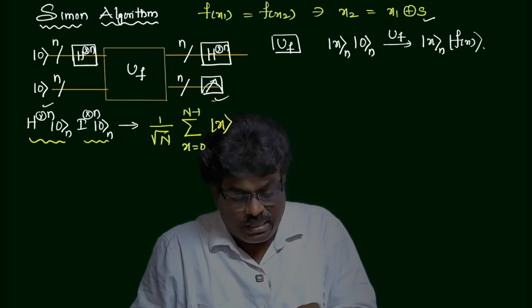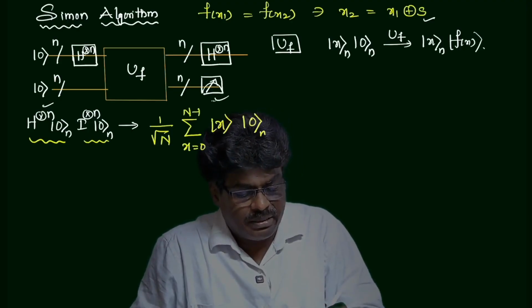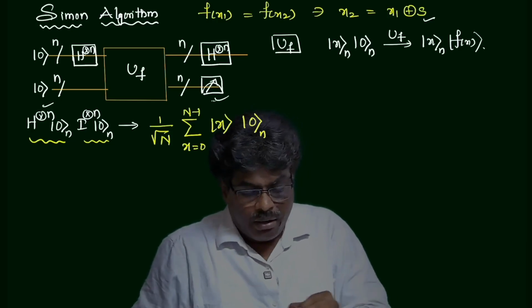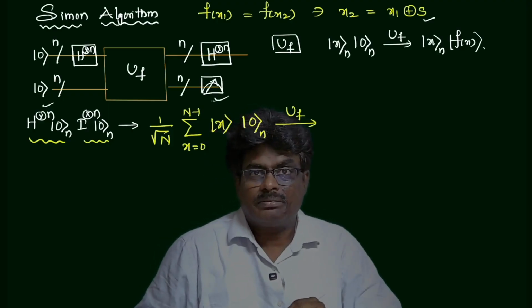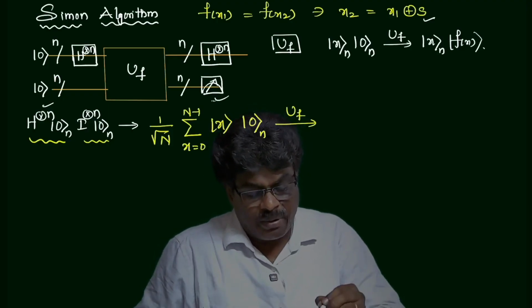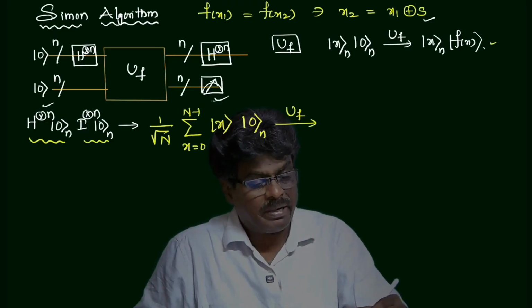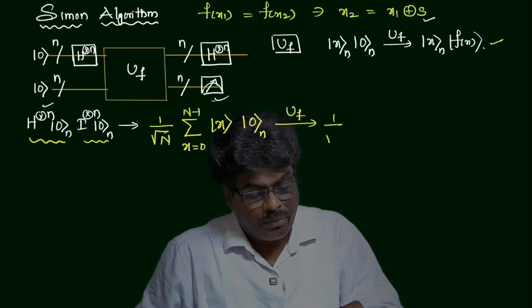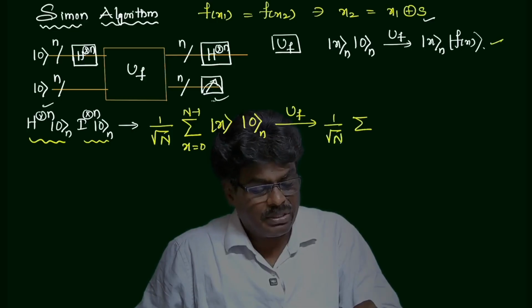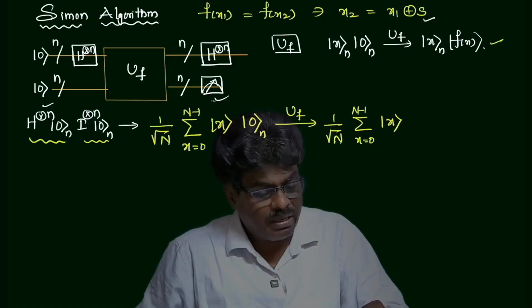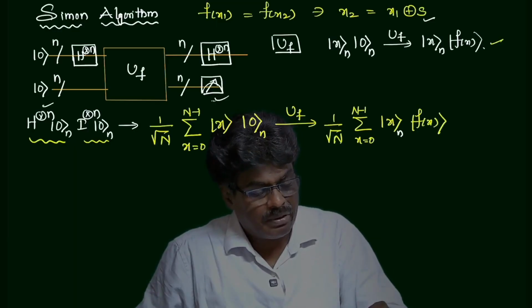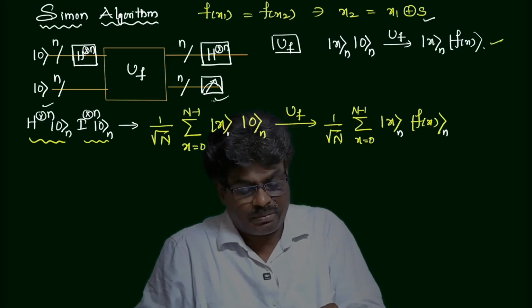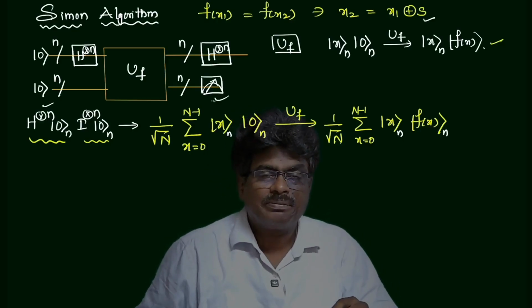I hope you know this. And after that, the second register we leave as it is, that is 0. Now I'm taking this oracle function, let it be UF. Under this UF operation, as already explained, this is nothing but 1 over root n summation over x, where x is equal to 0 to n minus 1, and here it is f of x. Remember, all are n qubit strings.